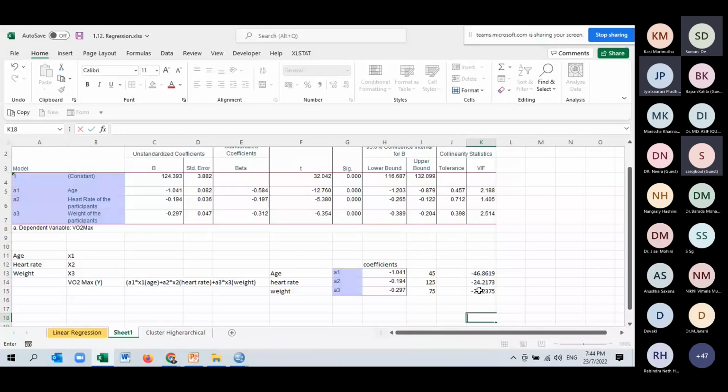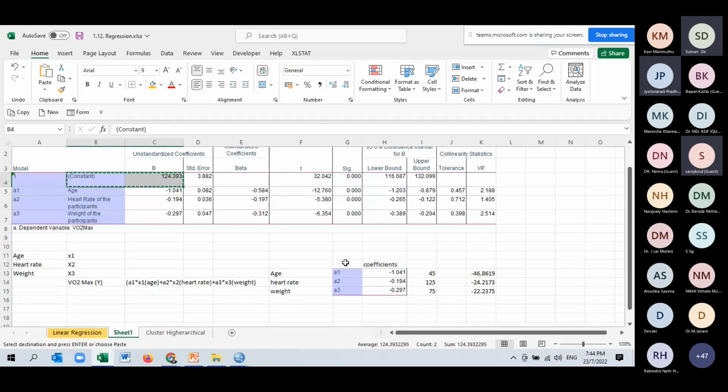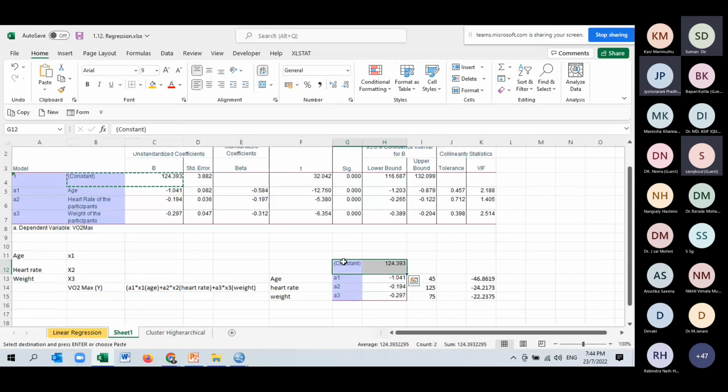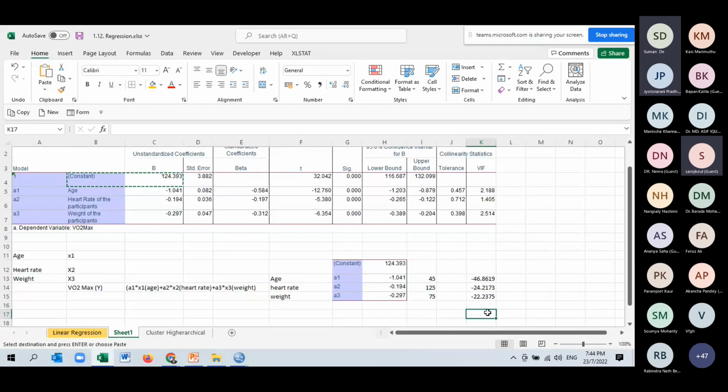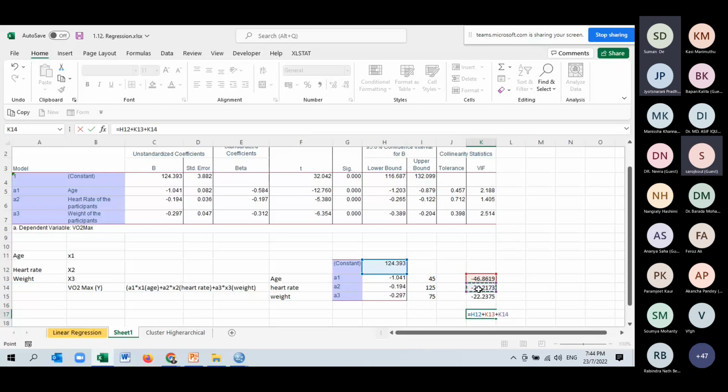This constant we need to capture. Equal to this value plus this plus this plus this. That's it. Tell me the answer.